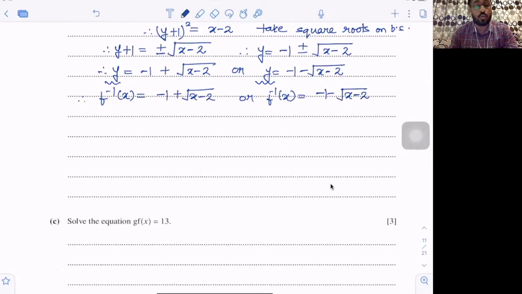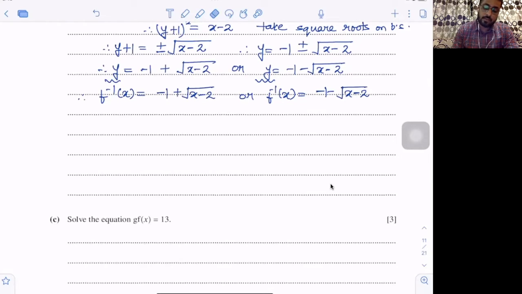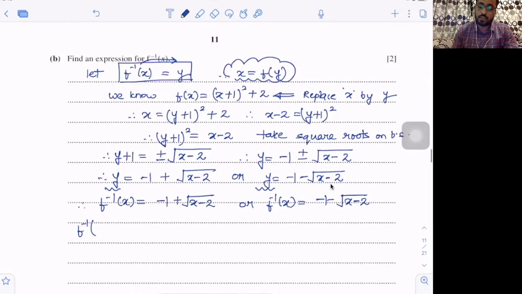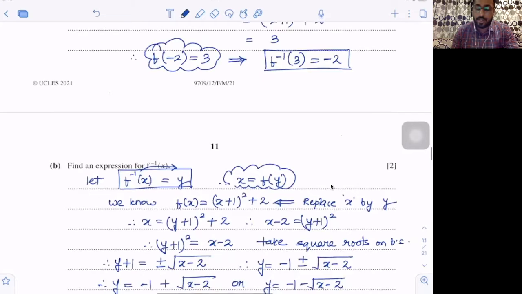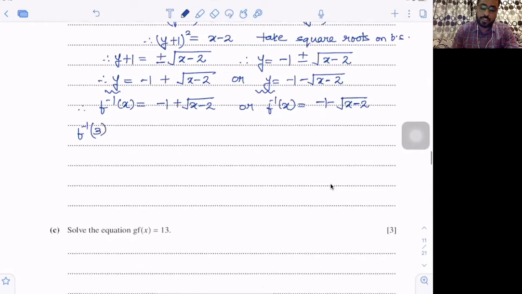Now, as I said, only one of them is going to be the correct answer. Which one? I have no clue. I do not know which one is the correct answer, but I know that f inverse of 3 should become equal to minus 2, right?